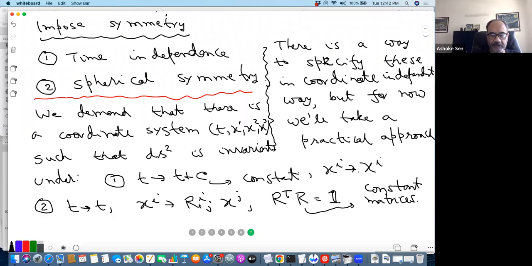Here rotating the coordinates basically means the standard rotation, the way we rotate space coordinates. But let me emphasize again that this definition is tied to a particular coordinate system. You can certainly change to a coordinate system in which these properties will not hold. But nevertheless, for now, we just take this as a definition of what we mean by static and spherically symmetric solution.